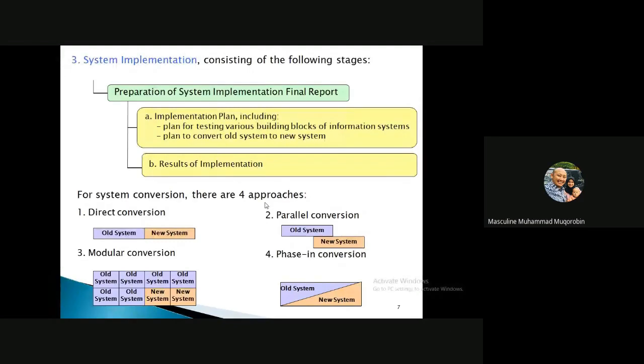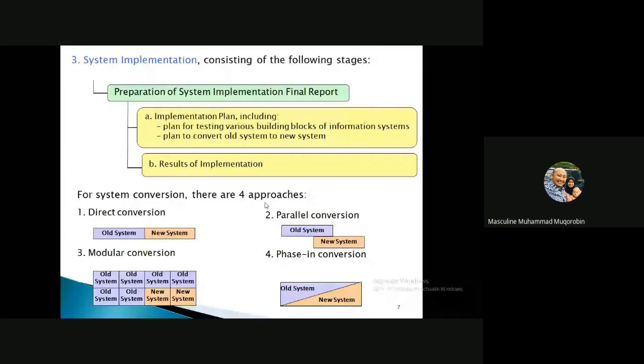3. Modular conversion. Modular conversion uses the building of self-contained operational subsystems to change from old systems to new in a gradual manner. As each module is modified and accepted, it is put into use. 4. Phase-in conversion.